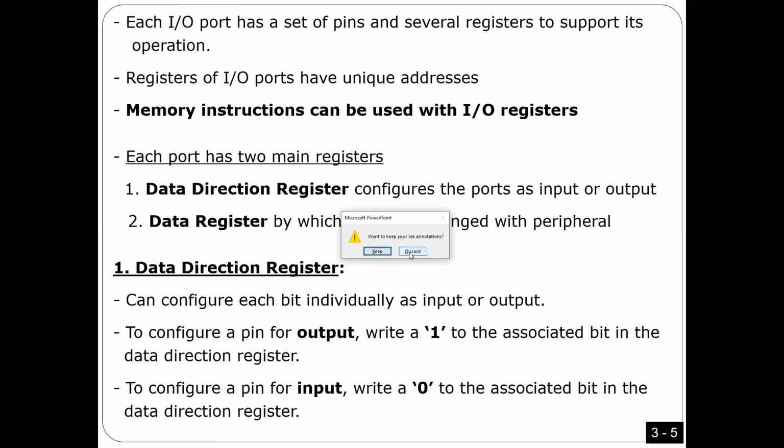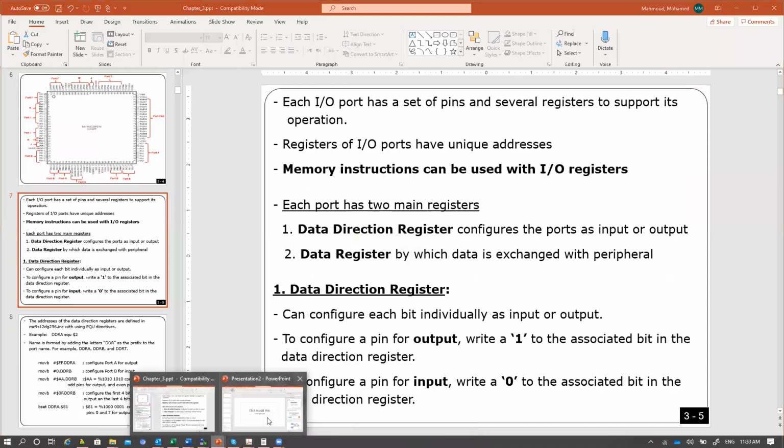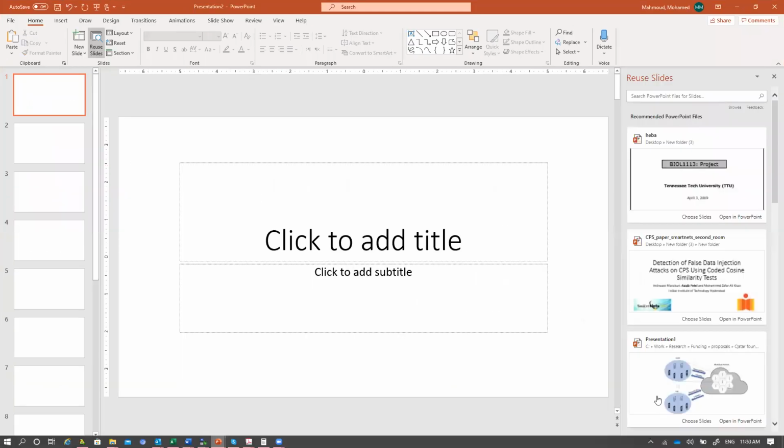So let me also, as I said last time, here. Every pin here is somehow connected to a register. This register is called the data register. Okay, guys, so what's going to happen is the following.